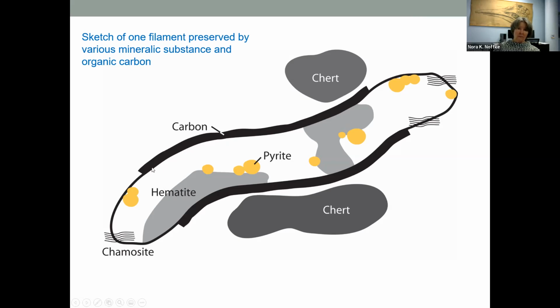The cell wall very often still contains the original carbon of the organisms, which is important. We have a carbon isotope signal and so forth. Inside the cell, we very often have pyrite or hematite, as well as chamosite forming, whereas the EPS very commonly are replaced by chert, which is silica.